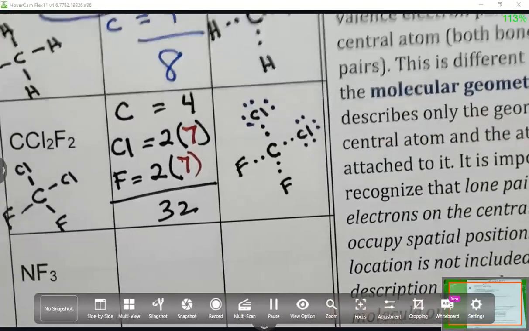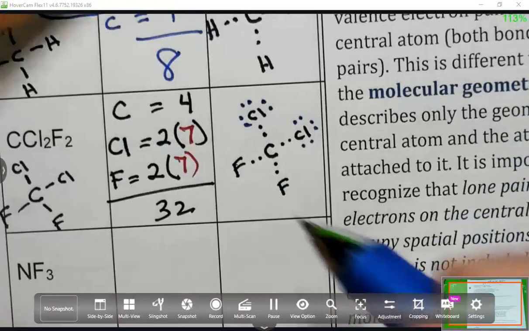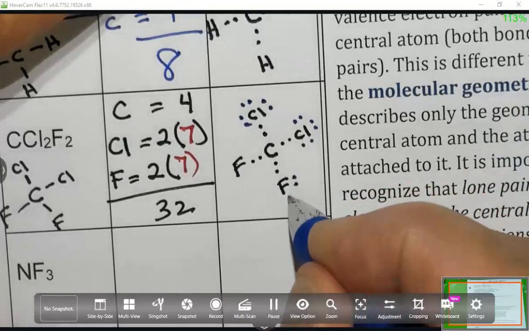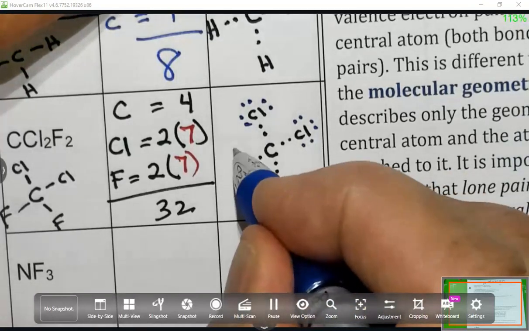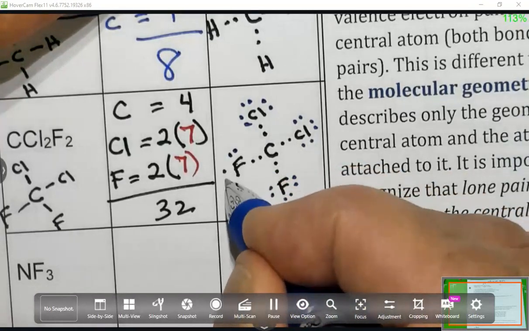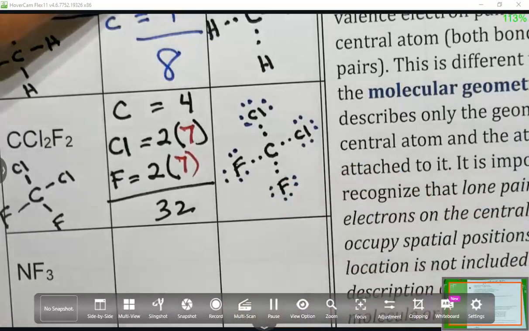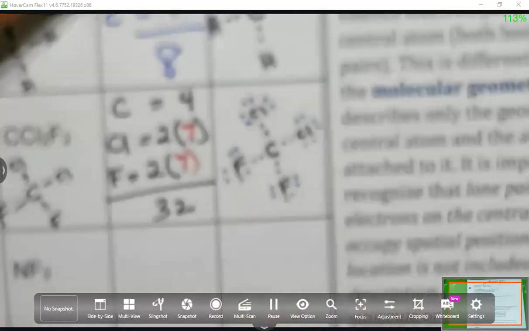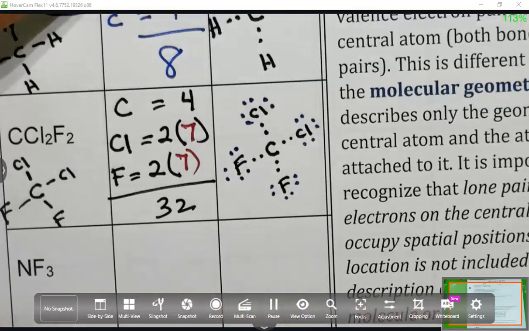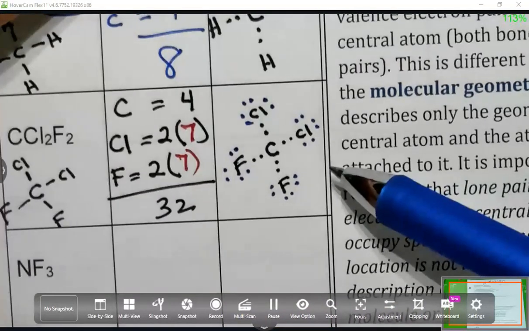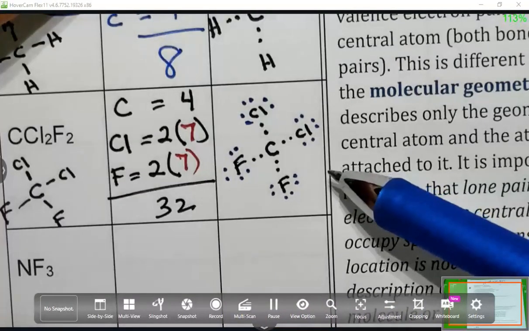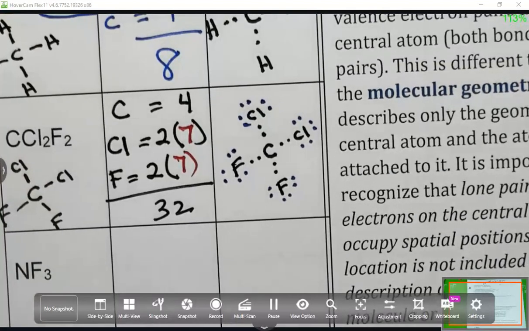Well, that blue is not showing up at all.